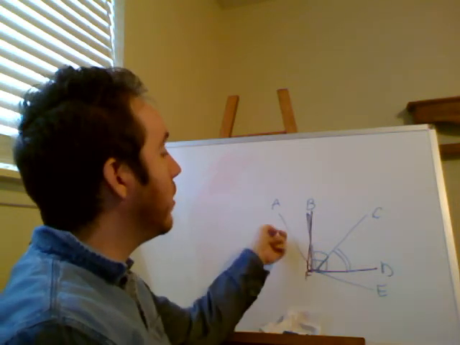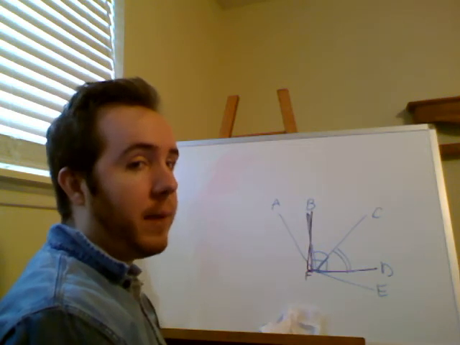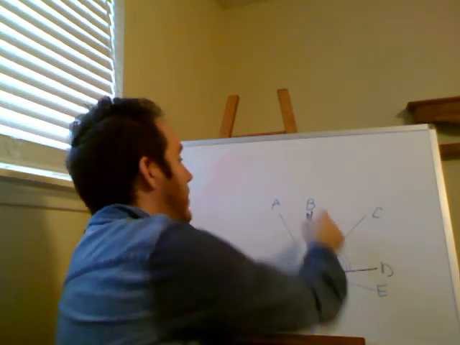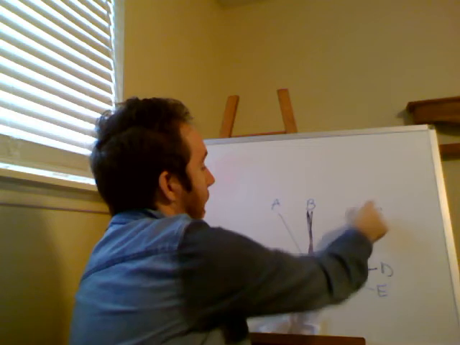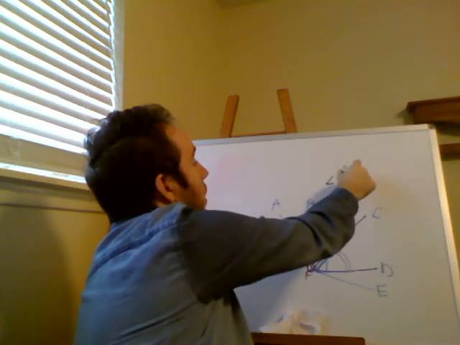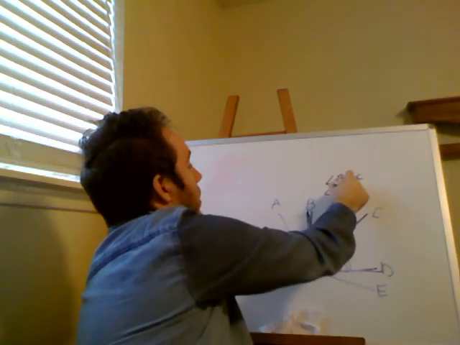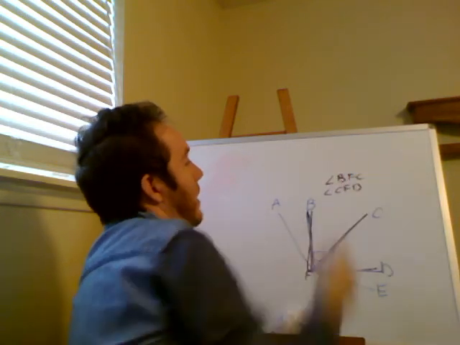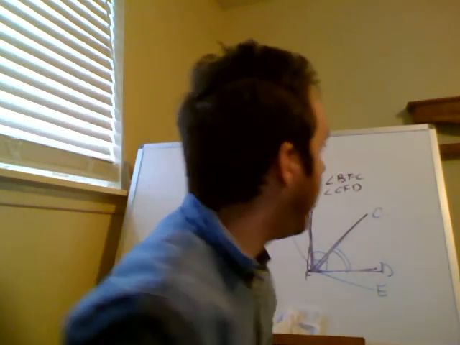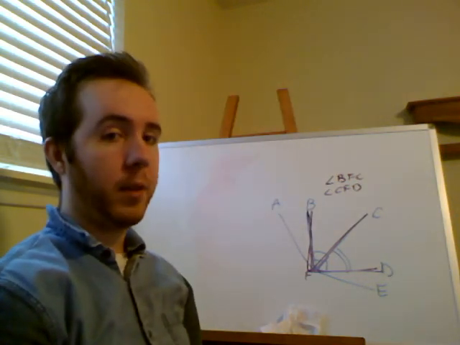So it's not going to include A and it's not going to include E because those lie outside of my angle. But we notice on the inside, it's split into BFC and CFD. So BFC and CFD are the two angles that are complementary. Okay?